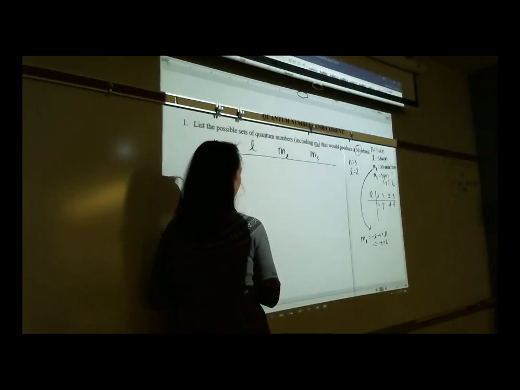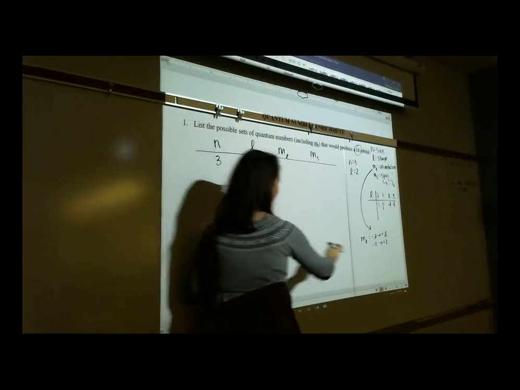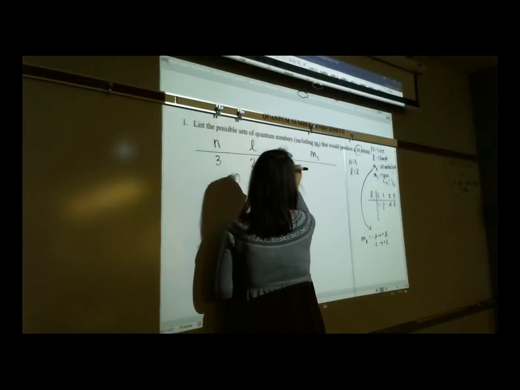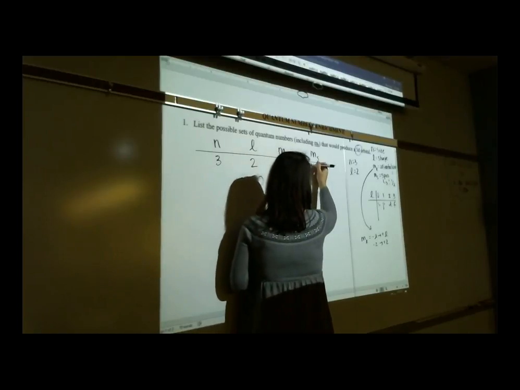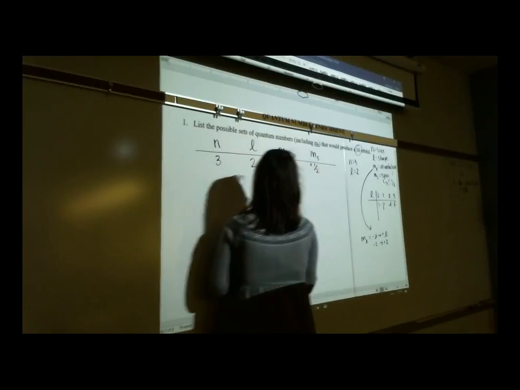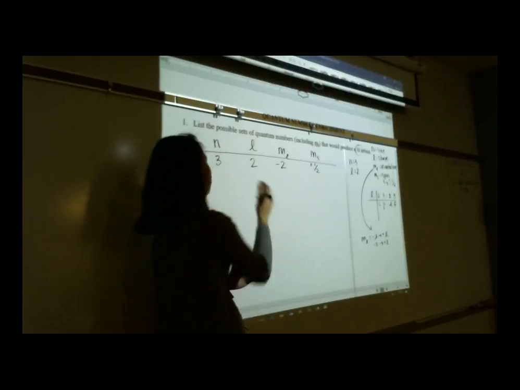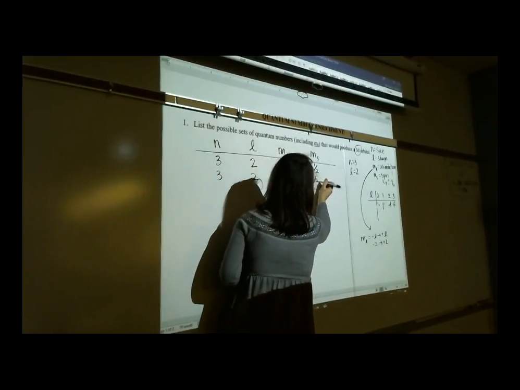What must l be? We already defined that, that's 2. Now m sub l is going to range from negative 2 to positive 2. So we can have 3, 2, negative 2, and then what's the possibility here? Positive 1/2, right? Can you have this exact same set with negative 1/2? Yes. So 3, 2, negative 2, negative 1/2.